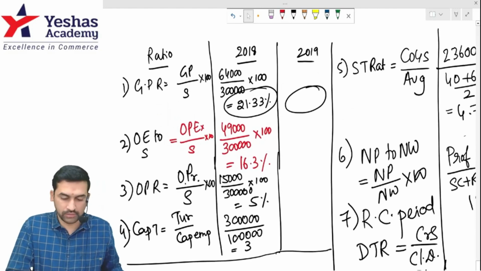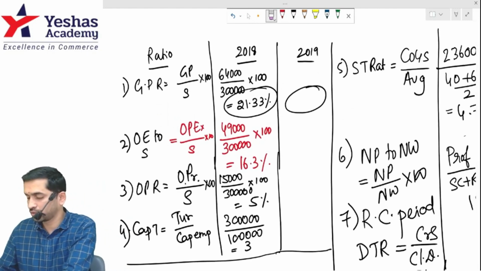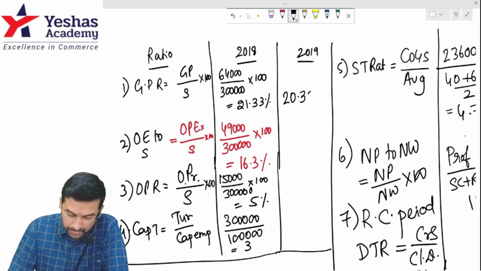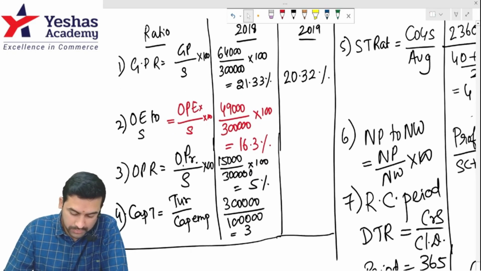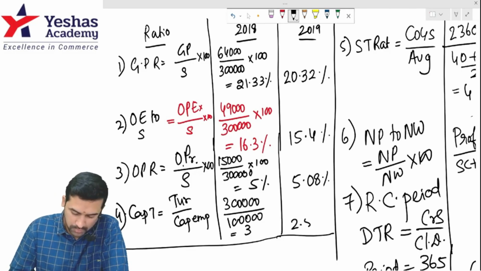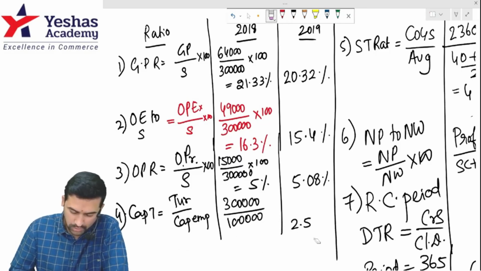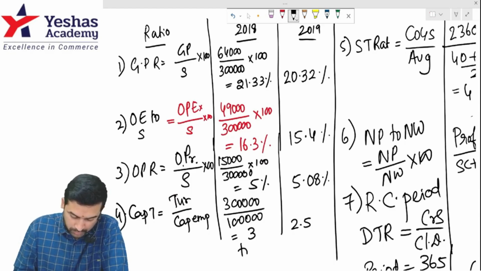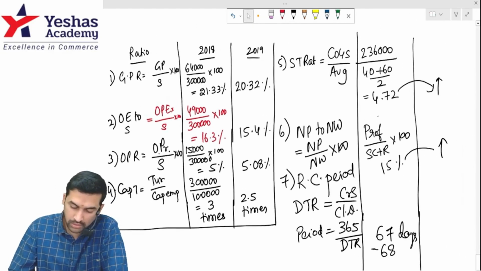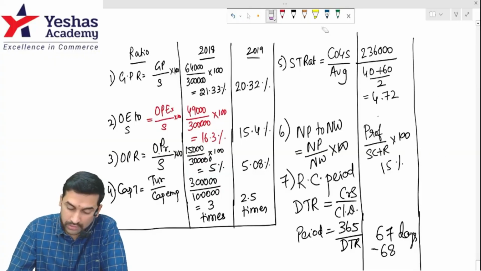Can I get the GP ratio for the second year? 20. Okay, operating expense 06 or 08. 1 second. 2 point.